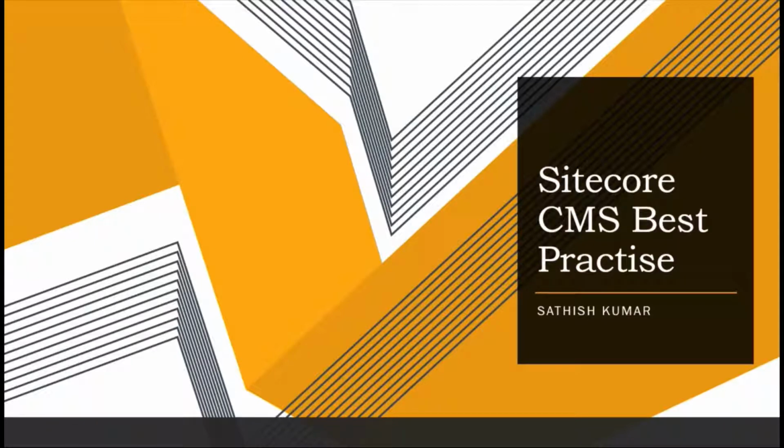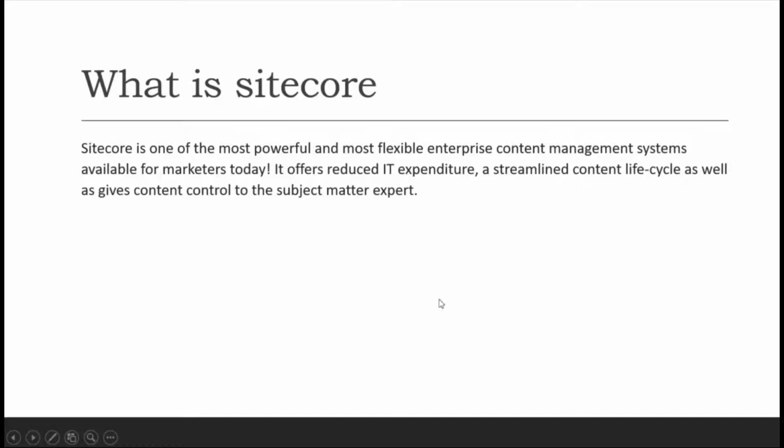Let us get into the topic. So what is Sitecore? Sitecore is a flexible enterprise content management system, organized in a streamlined manner, which can hold a large amount of content in an organized manner, and the full content life cycle is offered with minimum infrastructure.